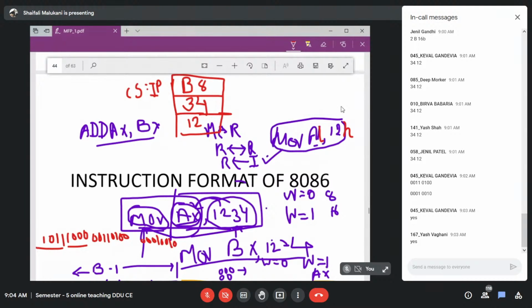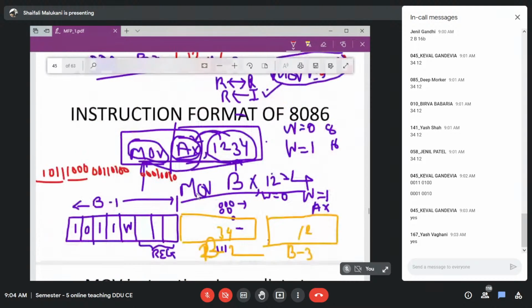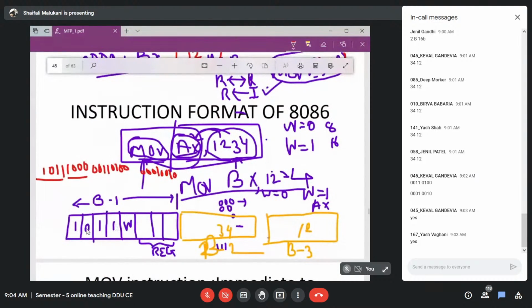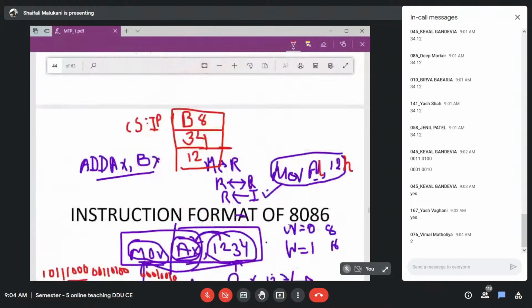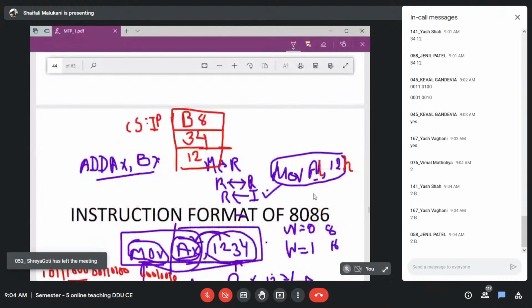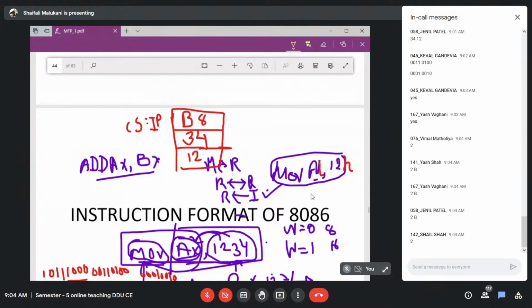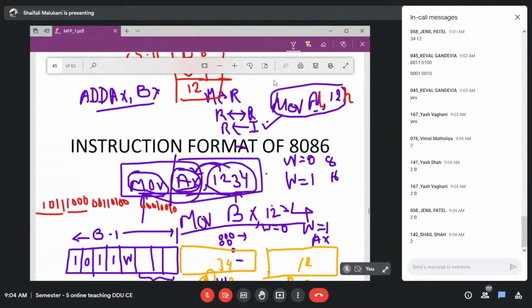How many bytes is this instruction? The earlier one was a 3-byte instruction, 1, 2, 3. Now it will need 2 bytes. Last time you were confused about how many bytes an instruction is; this is how it is decided. Yes, you are correct, it is a 2-byte instruction.